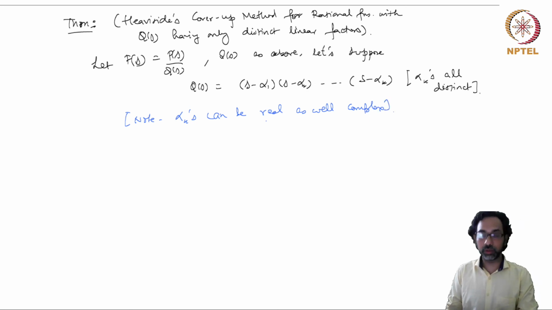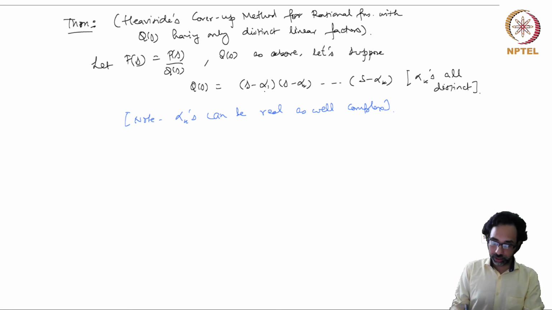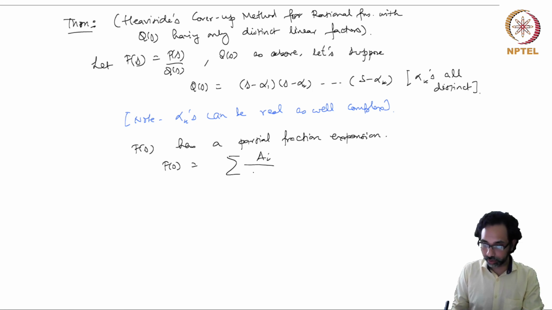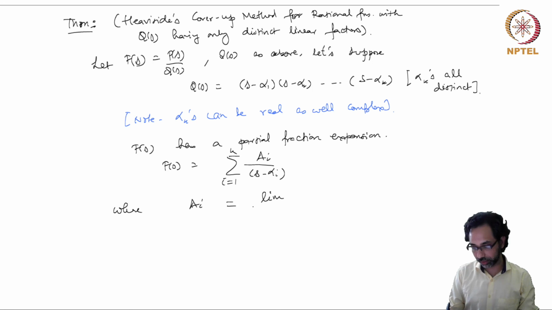I will give an example where you can use complex factorization. In this case, when you have such distinct linear factors, then F(s) has a partial fraction expansion F(s) equals the sum of a_i over s minus alpha_i from i equals 1 to k, and a_i is given by the limit as s tends to alpha_i of s minus alpha_i multiplied by p(s) over q(s).